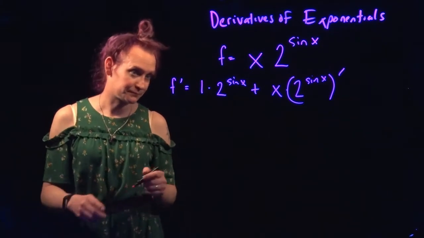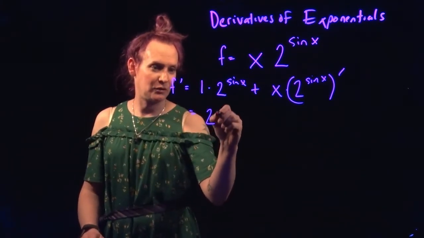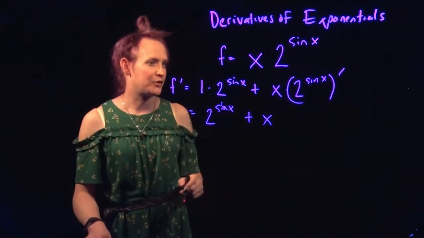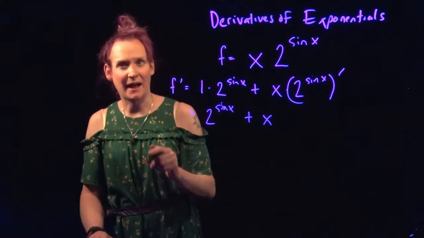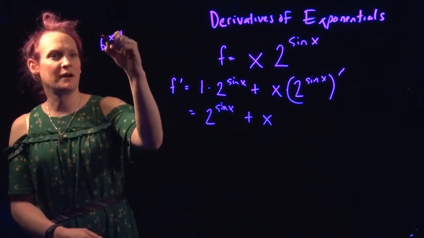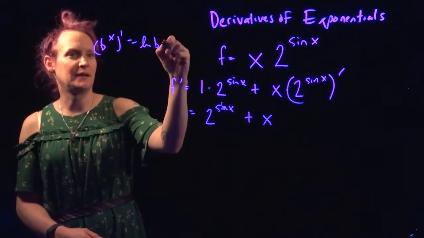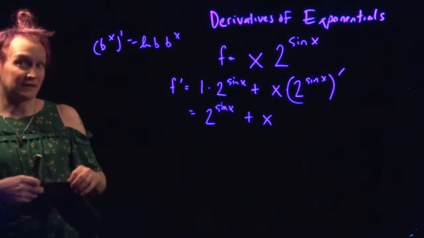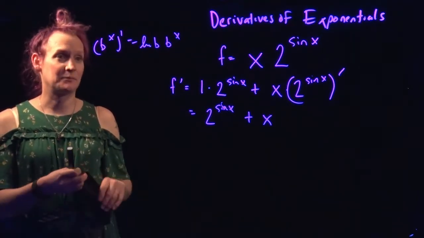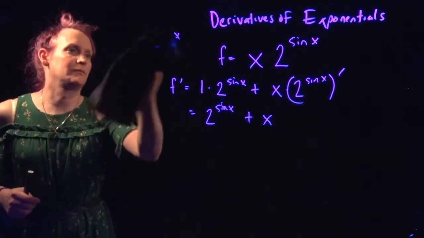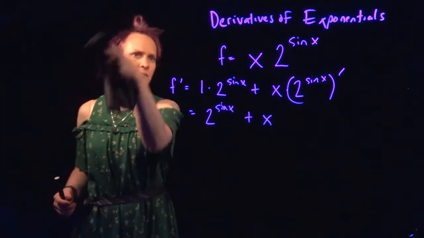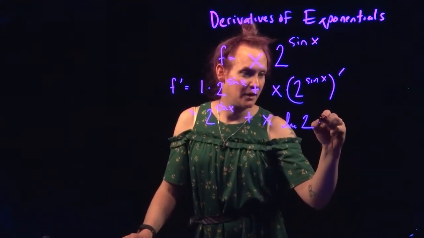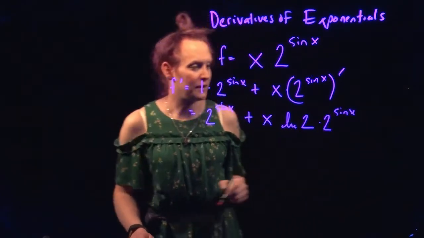So 2 to the sine x plus x times the derivative of b to the x, which, prime equals natural log of b times b to the x. So I get this natural log of b popping out when I take the derivative of b to the x. Okay? So natural log of 2 times 2 to the sine of x.